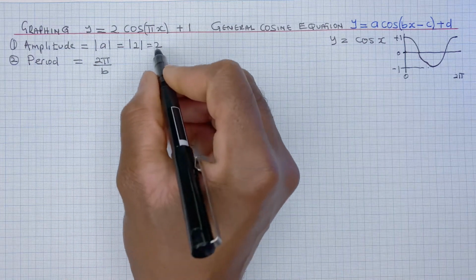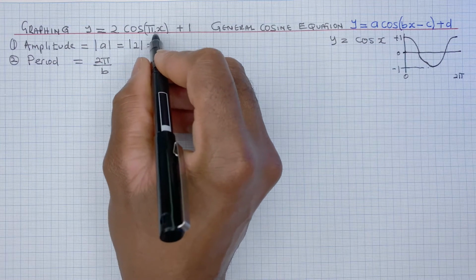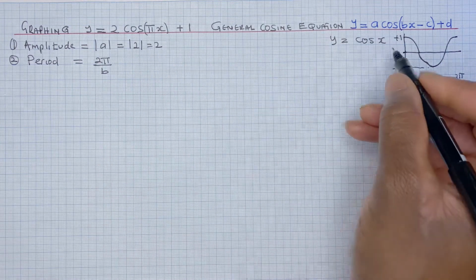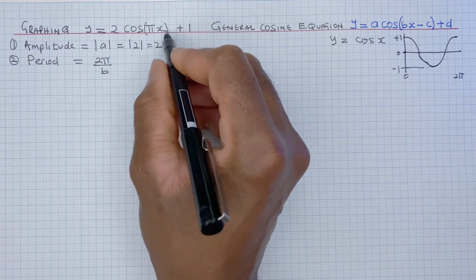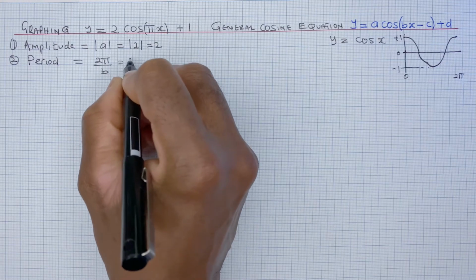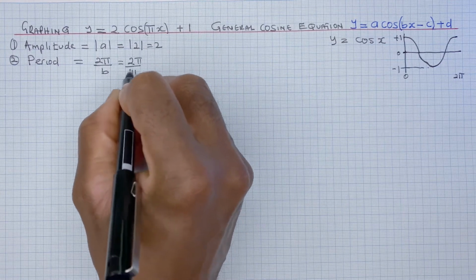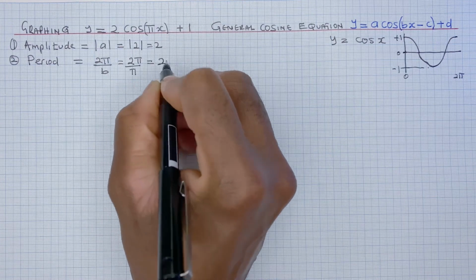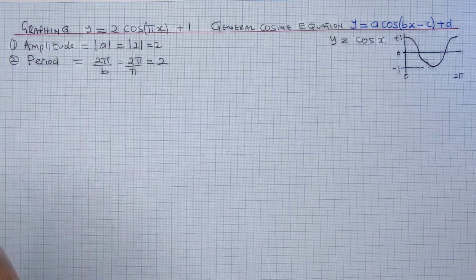In our case, the b here is pi, because that's b here, and that's b there. C is 0, and d is 1. So we write 2 pi over pi, and that becomes 2. So the period for this function is 2.